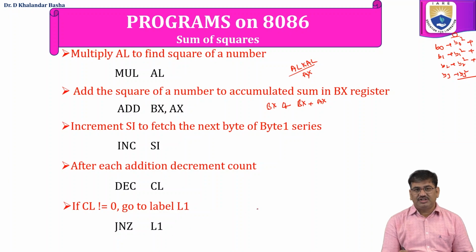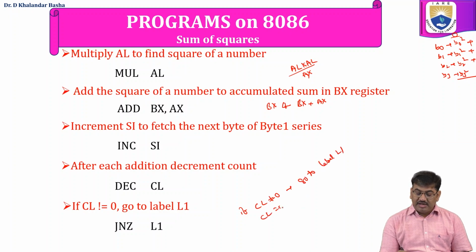This JNZ instruction will check whether the CL content is 0 or non-zero. If the CL content is non-zero, then it will go to the label L1. If the CL content is 0, it indicates all the contents are squared and added to the sum, so we can terminate the program by returning to DOS.